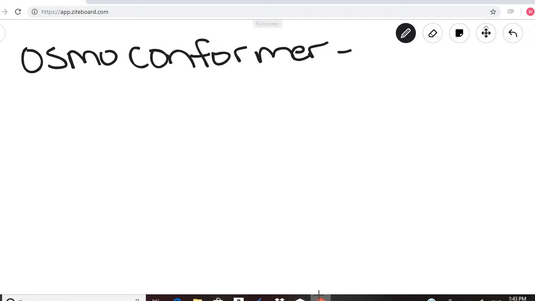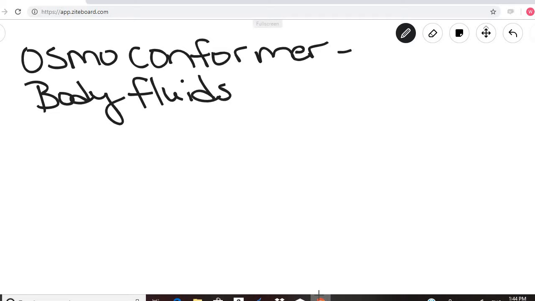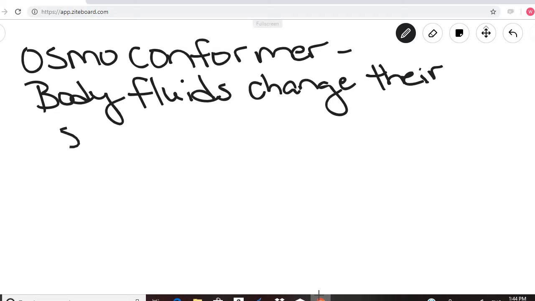So in an osmoconformer, the body fluids change salinity to match the outside environment.